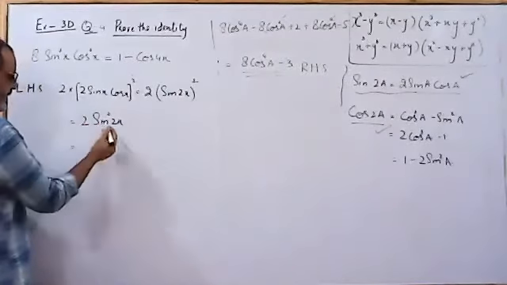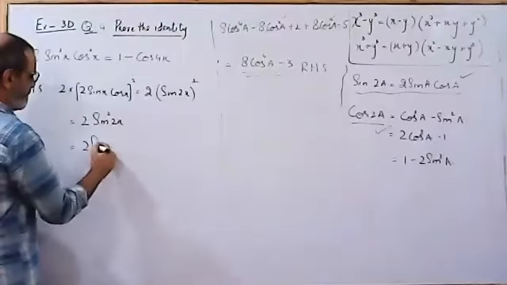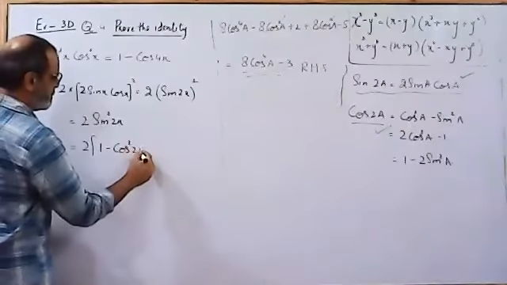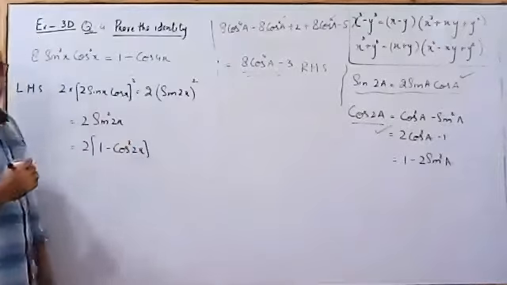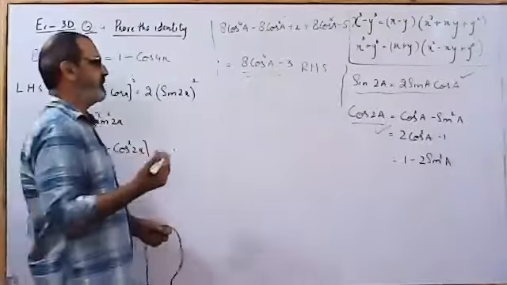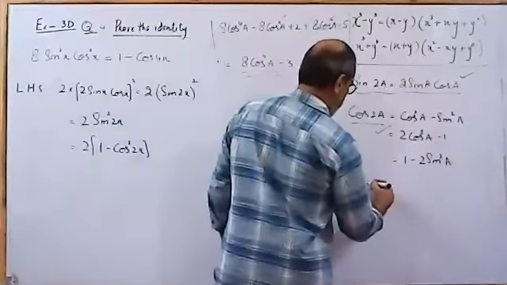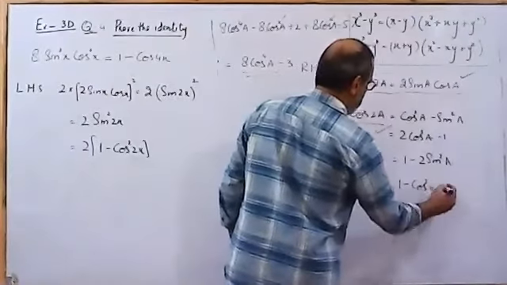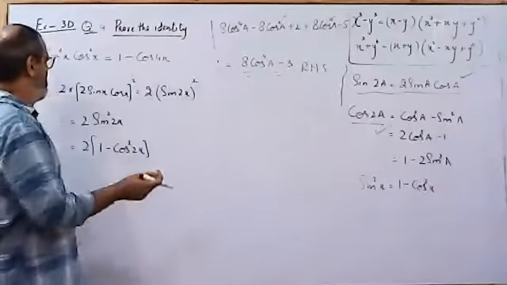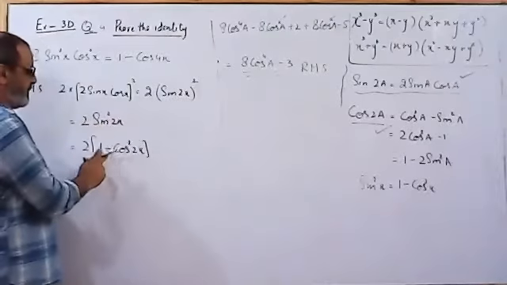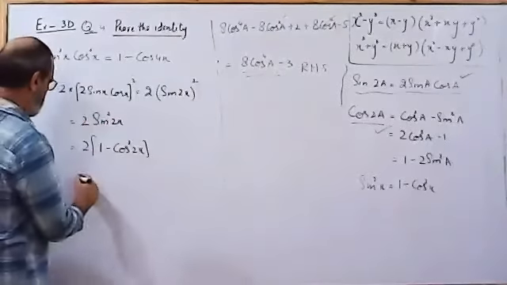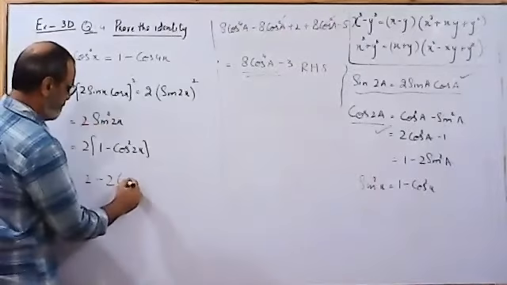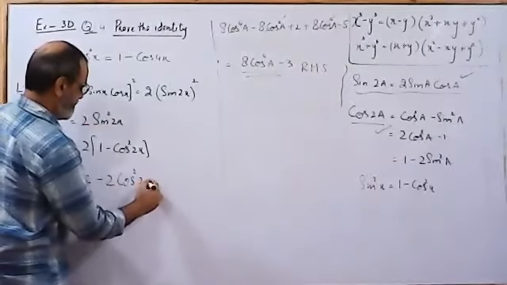So 2 sine square 2x can be changed into 1 minus cos square 2x, using the basic identity sine square x is equal to 1 minus cos square x. So it is 2 minus 2 cos square 2x.